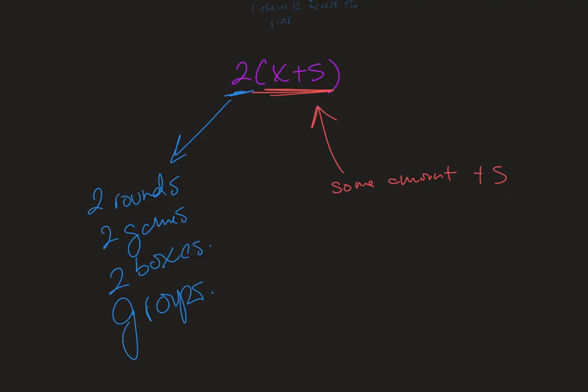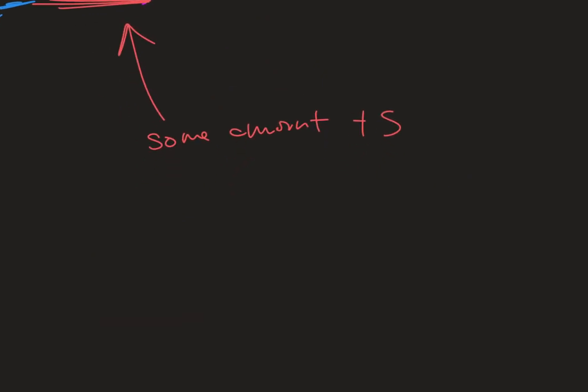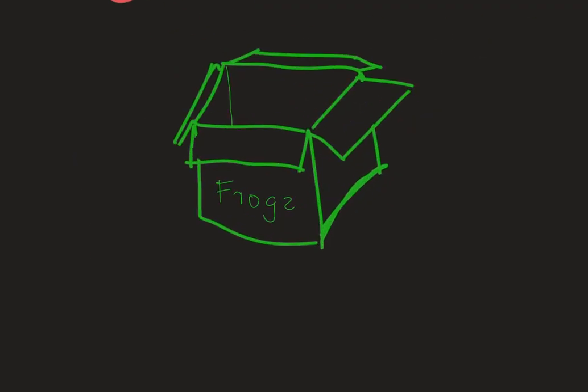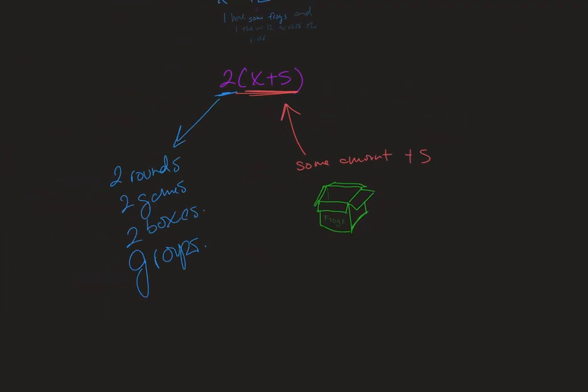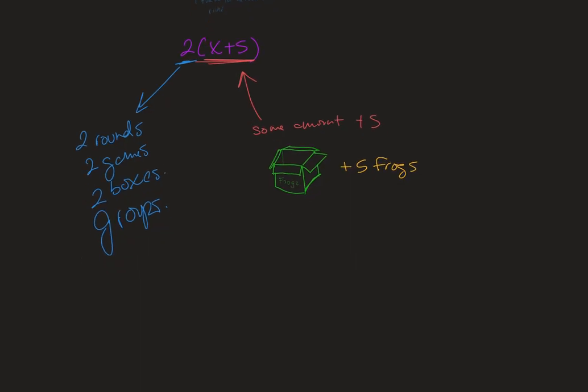So we could use our example of the frogs: I have some amount of frogs. By the way, I had to draw a little frog box, and I tried to be goofy like a little kid was writing frogs on a box. Anyway, you have an amount of frogs, and then you're going to throw in 5 frogs. So imagine that you're now saying, I have a box of frogs, period.